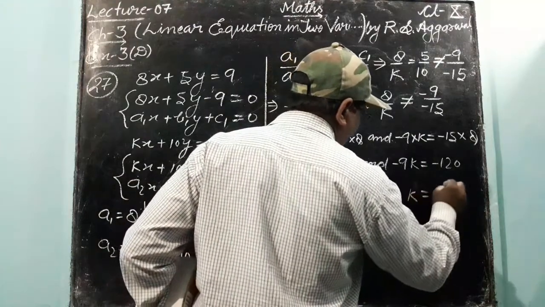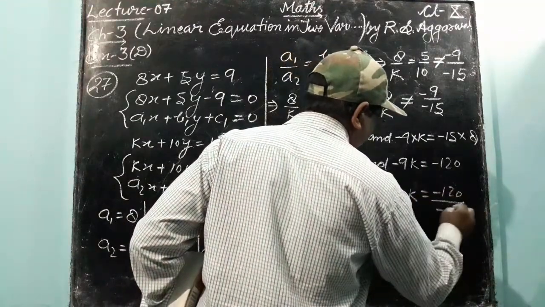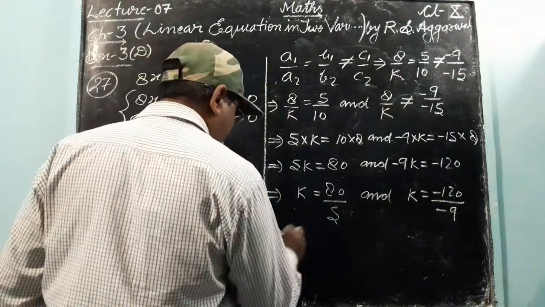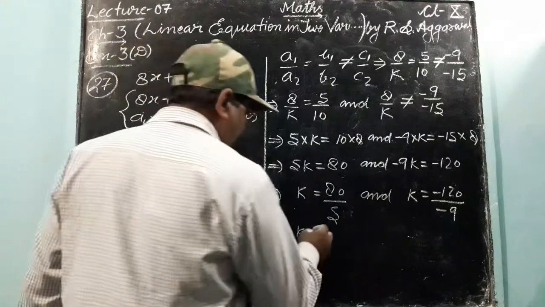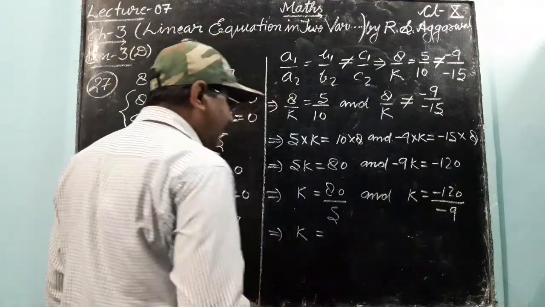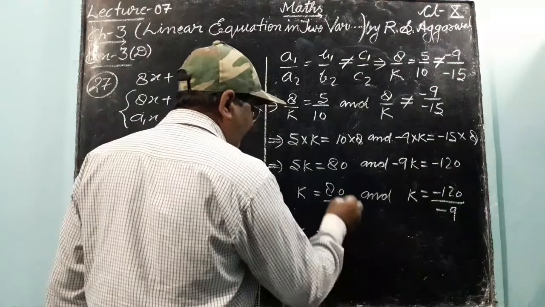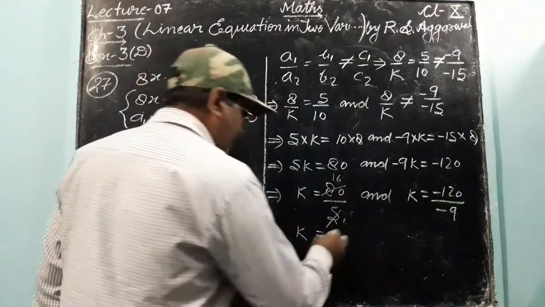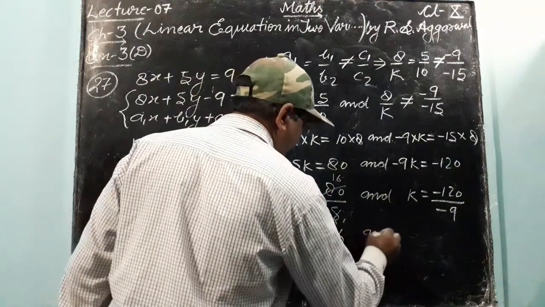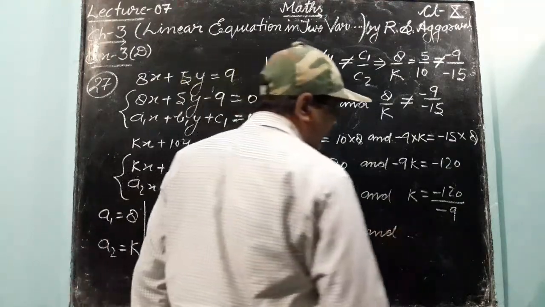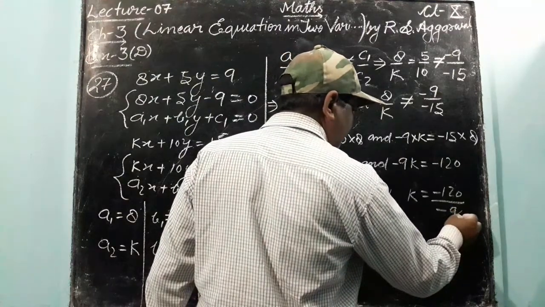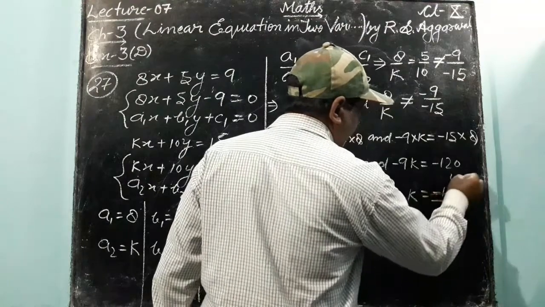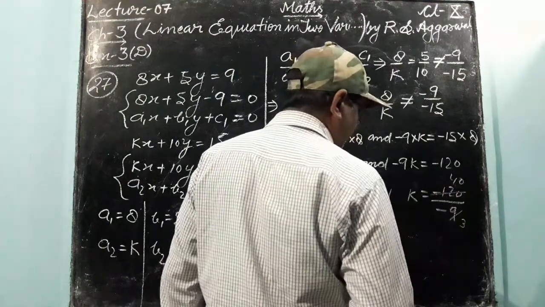and k is equal to minus 120 divided by minus 9. Dear students, when you divide, then what will you get? 3 3s are 9, 3 40s are 120, that will not reduce further.